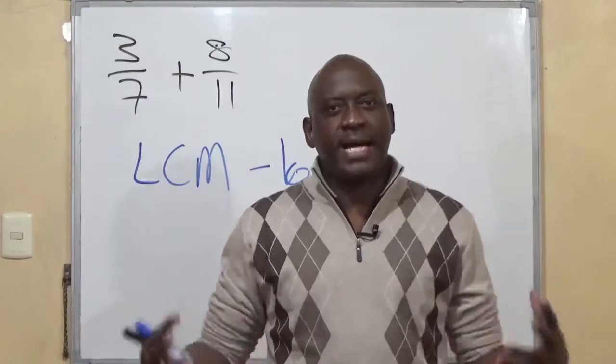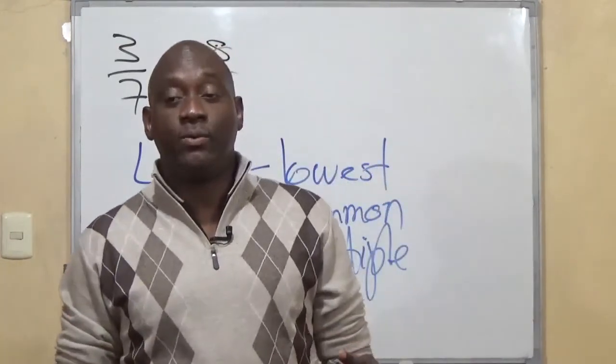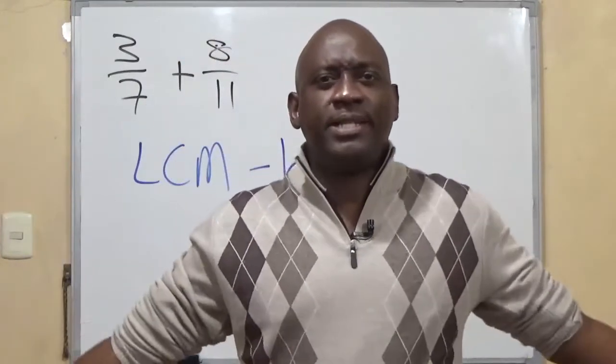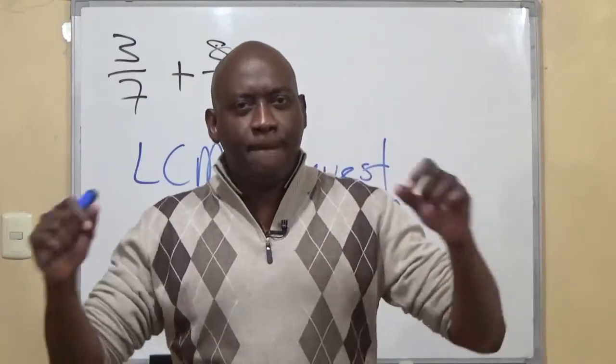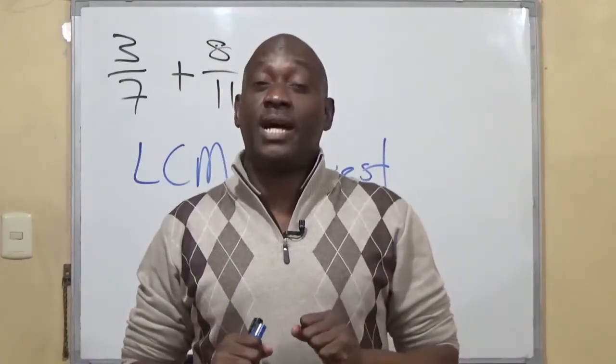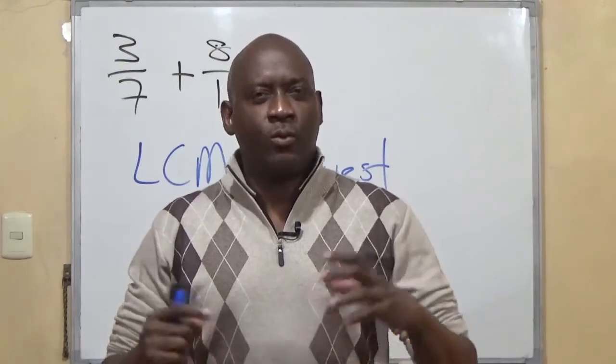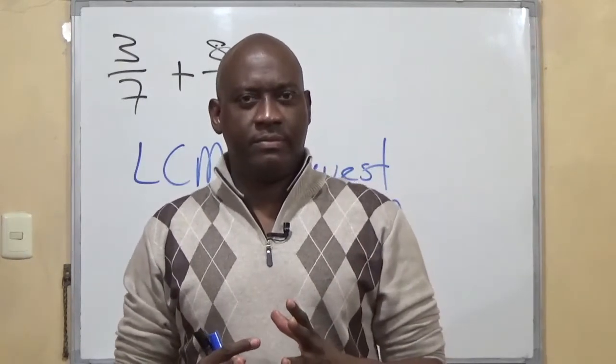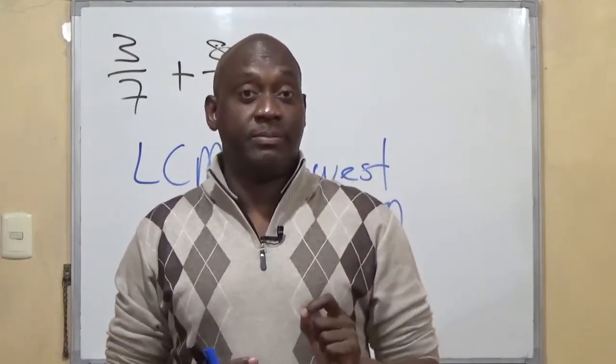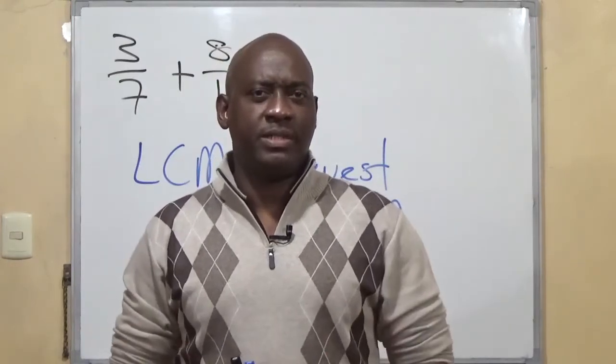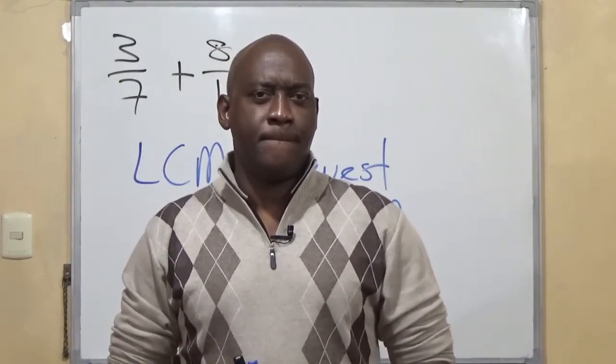If you don't have that, then you just multiply the two numbers by each other, and when you do that, what you actually have is the lowest common multiple. So what's the lowest common multiple of 7 and 11?